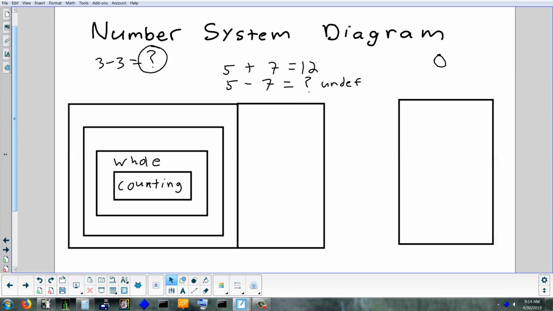Okay? But let's get back to this one. If you did 5 minus 7, is that a whole number? No. Whole numbers include 0 and up. No fractions, no decimals. So if I gave this to somebody in like maybe 1st or 2nd grade, they wouldn't know what to do with that.